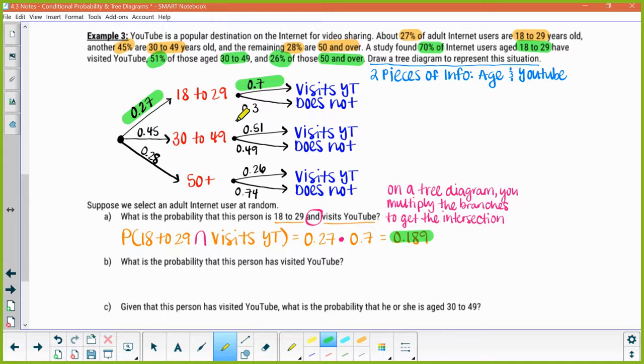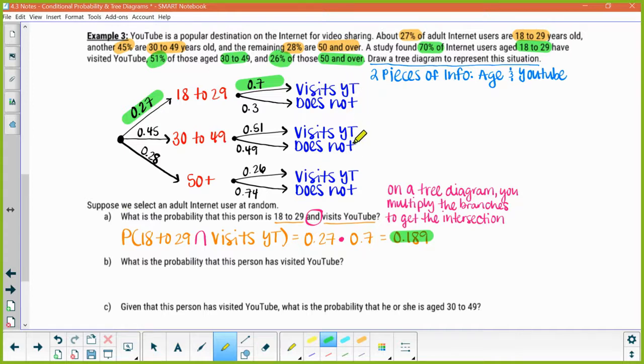Sometimes that does happen, but it makes a little bit more sense for there to be a 18.9% chance of me selecting a person like this, given all of these different options, especially with how high the 30 to 49% is. Kind of reason through your answers if you're ever really unsure.